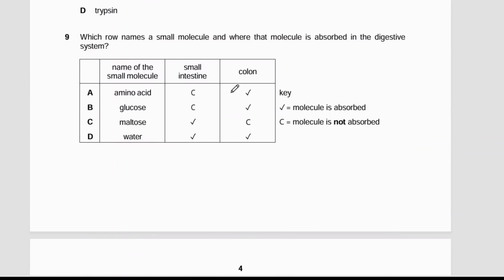Next one is which row names a small molecule and where the molecule is absorbed in the digestive system. Okay, let's see. Amino acid is okay.